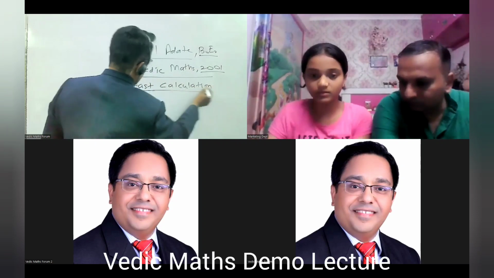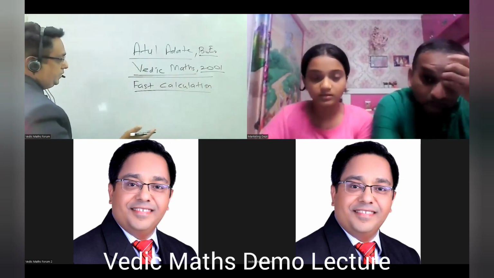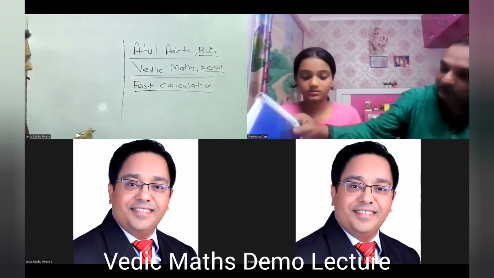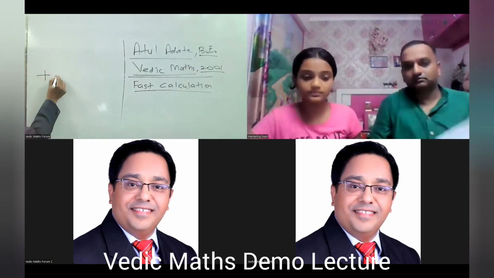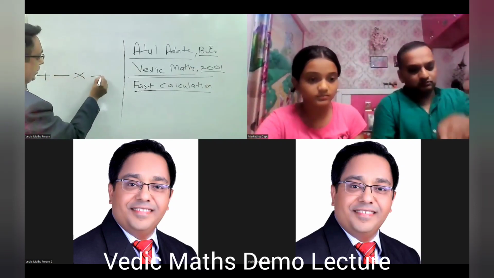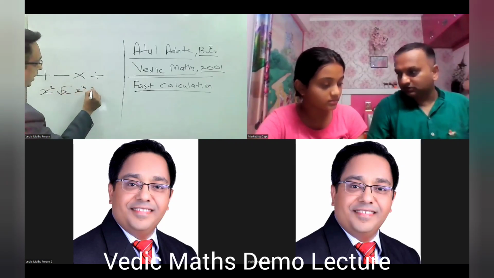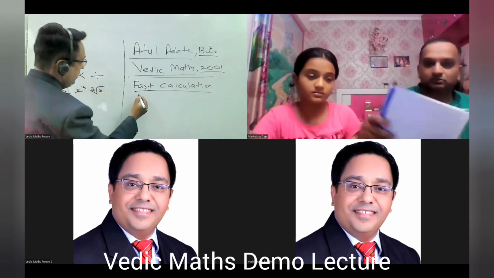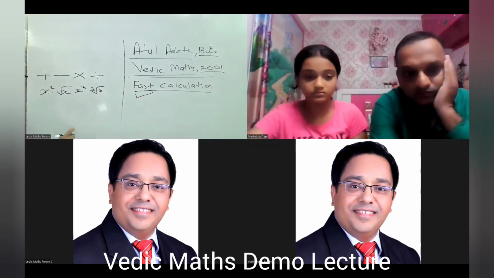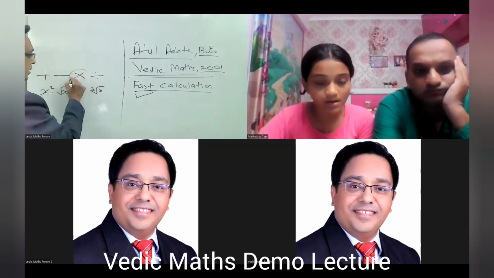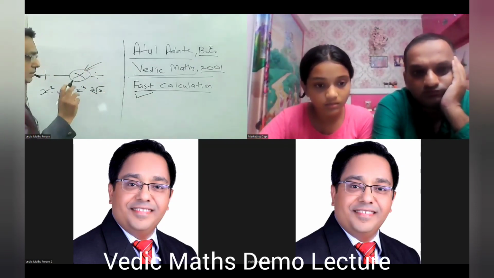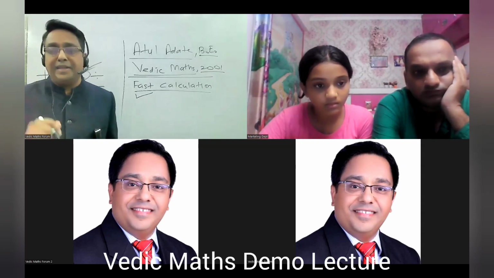With the help of Vedic Maths, we can do calculations like addition, subtraction, multiplication, division, square, square root, cube, and cube root fast and accurately. Today we are going to learn the Vedic method of multiplication.